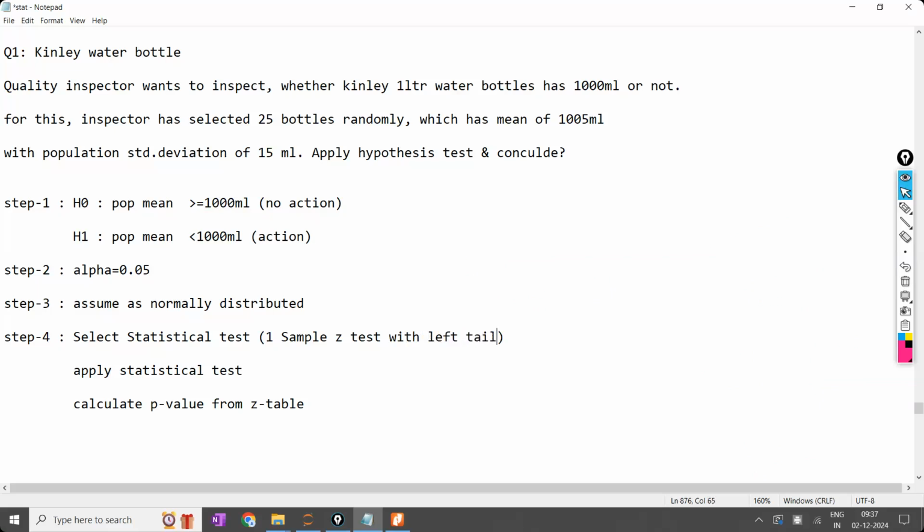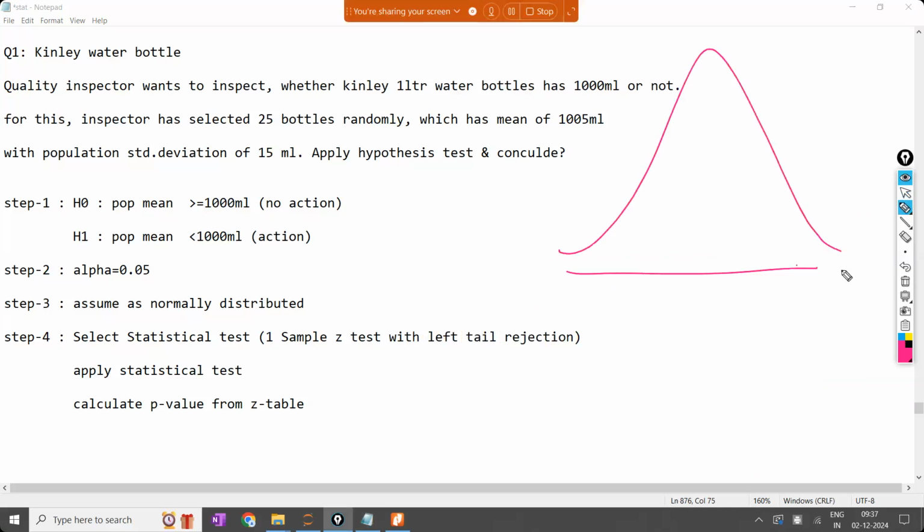Left tail rejection. Now, what is the diagram for this one? Left tail rejection diagram. For the normal distribution, should alpha be on the left side or right side? Left side. How much is the alpha value for this question? 5%. In the question, they have not given it. When they have not given it, what is the default value? 5%.